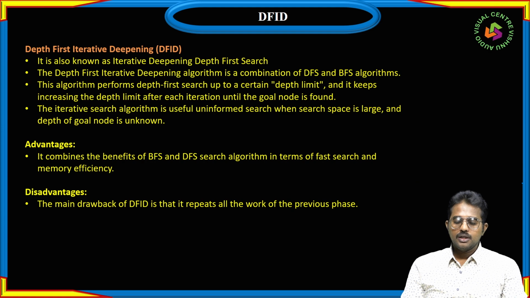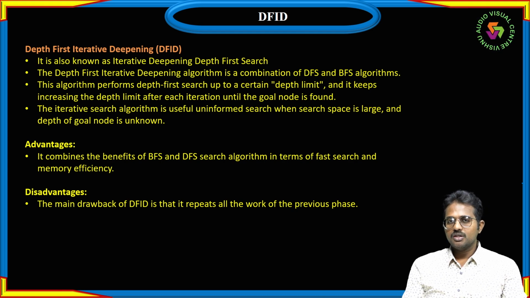Coming to the disadvantage, the main disadvantage in this DFID is that whatever algorithm we applied on depth limit 0, we then apply again on depth limit 1. So the algorithm is repetitively applied on the nodes we have already checked. That means we repetitively do the goal test and everything until our goal node has been reached.